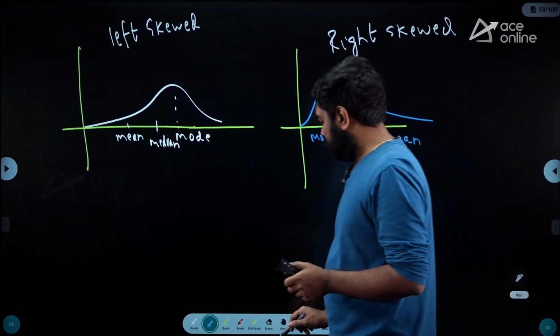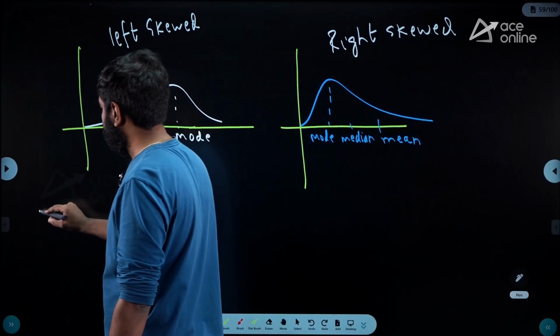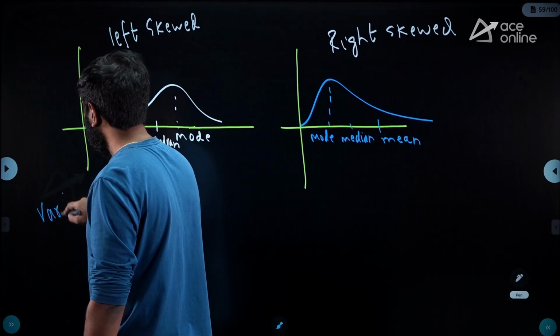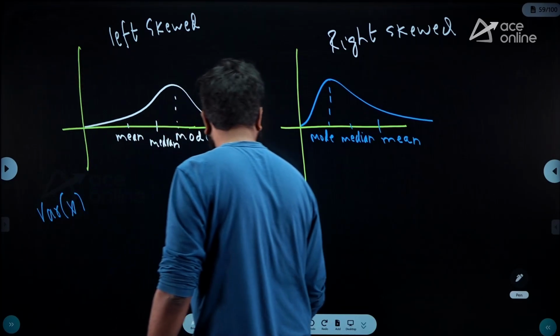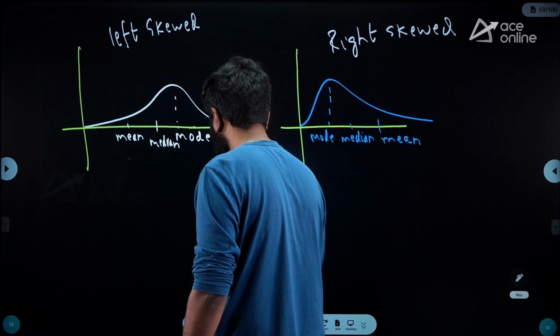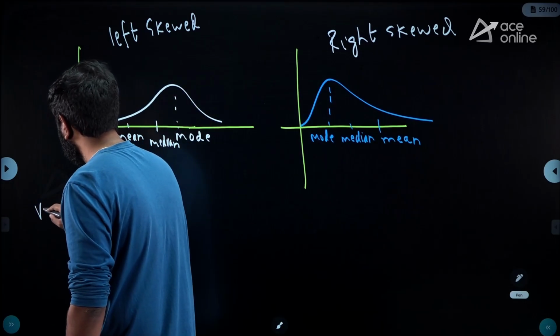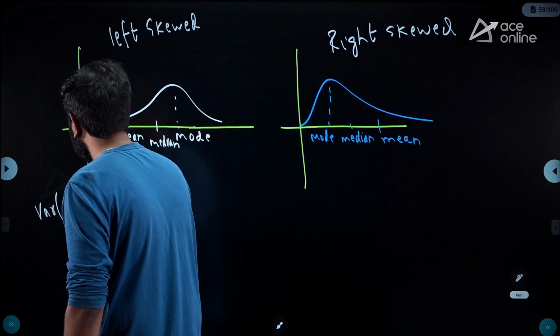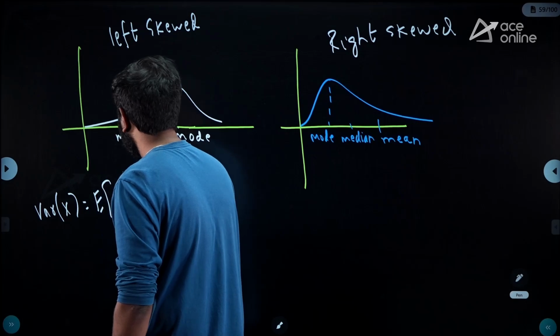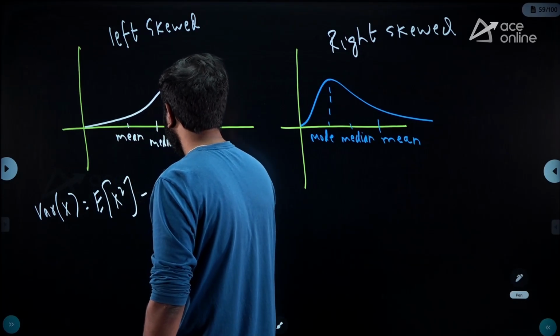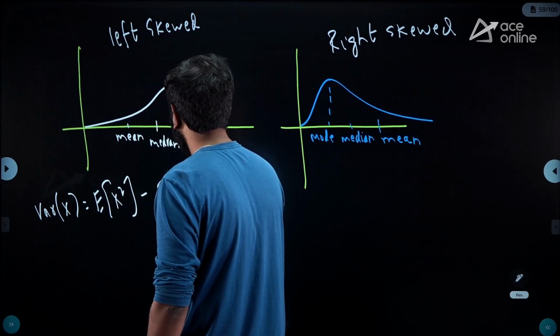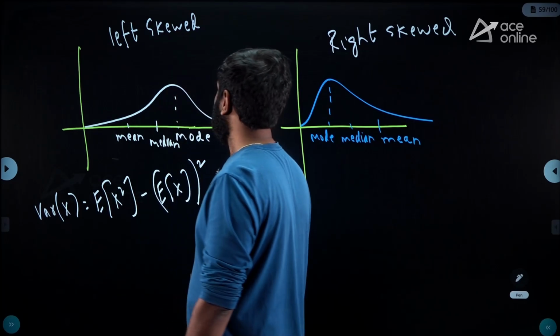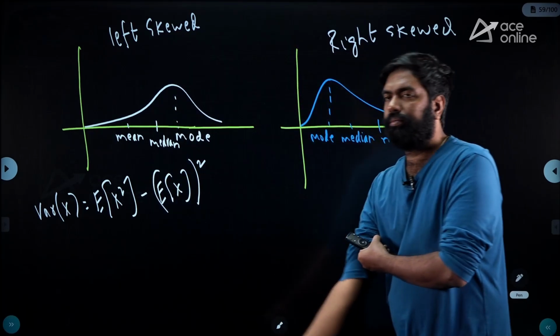So next, what is variance? Variance of x is the expected value of x square minus the expected value of x whole square. How do you find the variance?